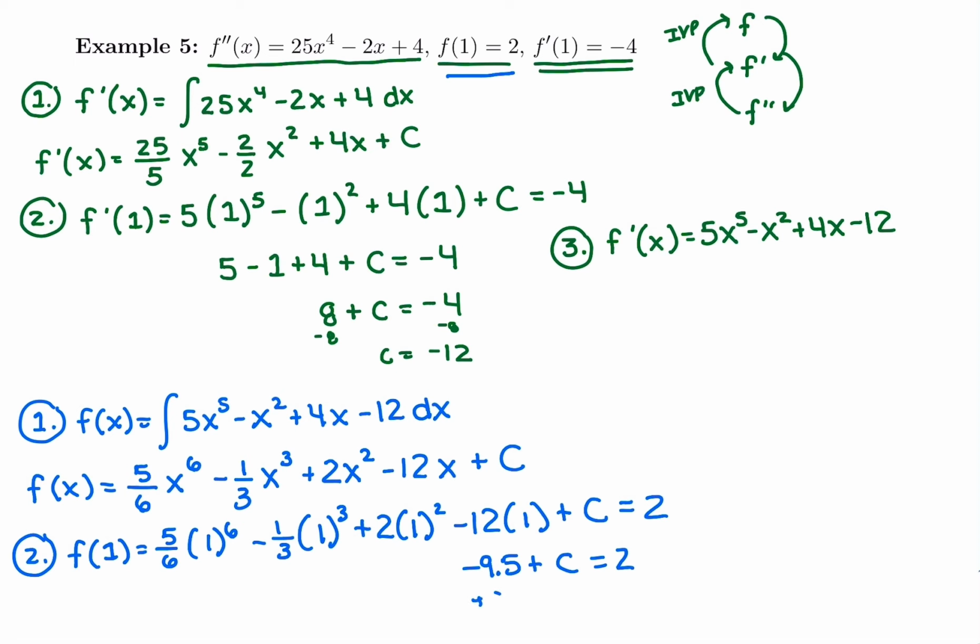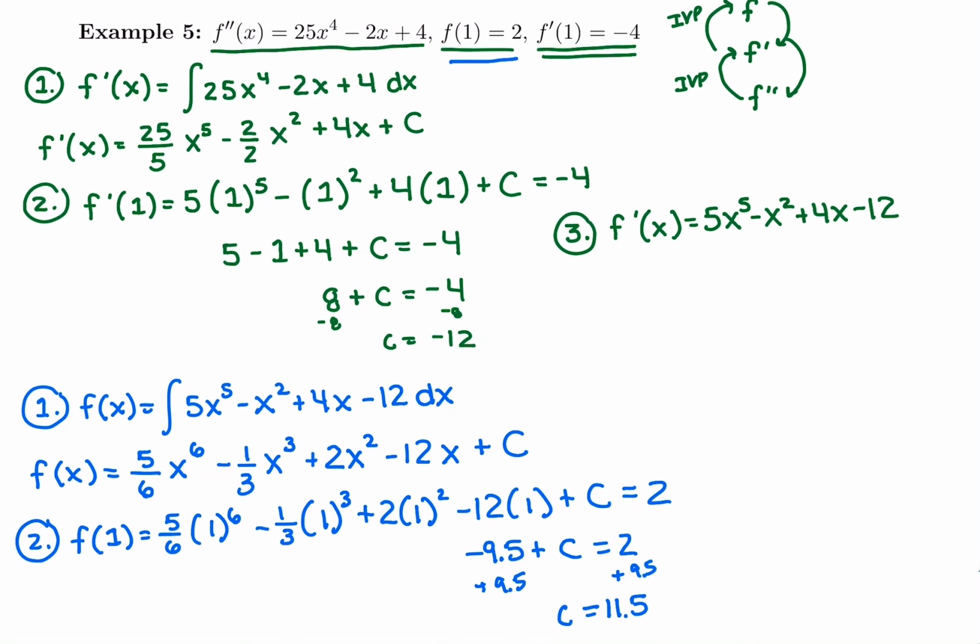So I'm going to add that to the other side. So you get c by itself would be 11.5. Or if you want to write that as a fraction, that's fine. It would just be 23/2.